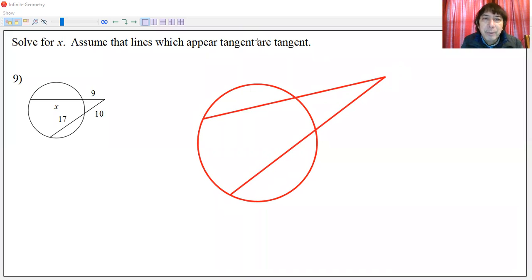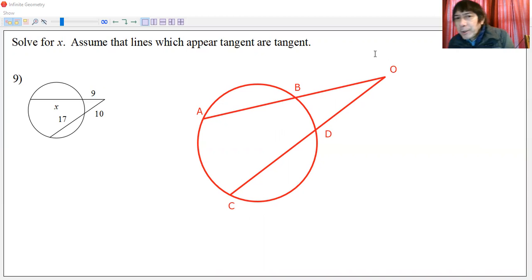Let's call this A, this B, this C, this D, and let's call the exterior intersection O.